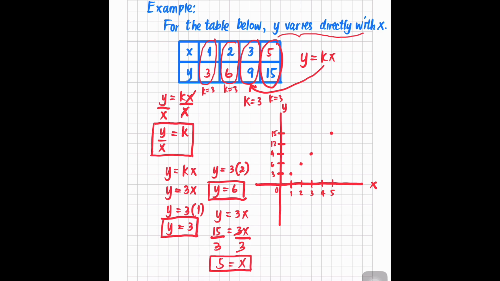And then simply draw the straight line passing through the points. So that is actually the graph of the table with the corresponding equation of y equals 3x. Also, one characteristic of direct proportion is that the graph passes through the origin, 0, comma 0.